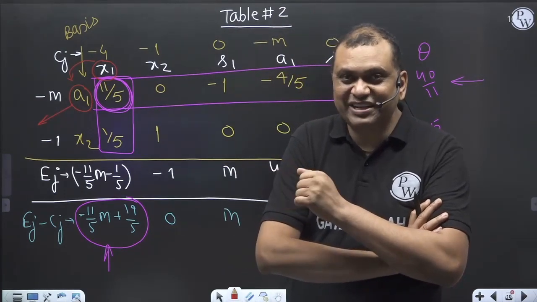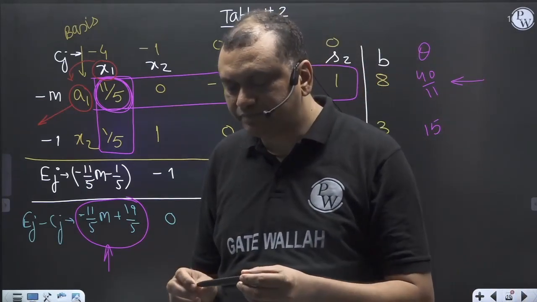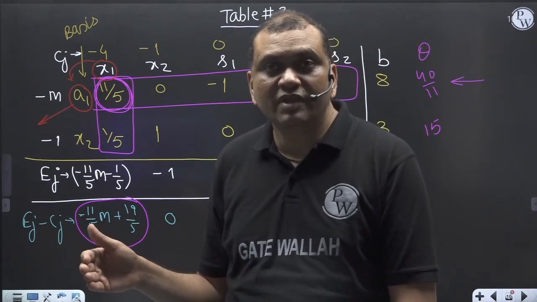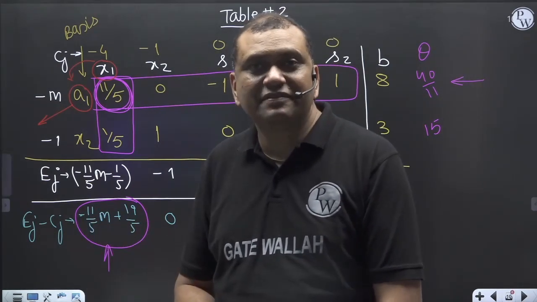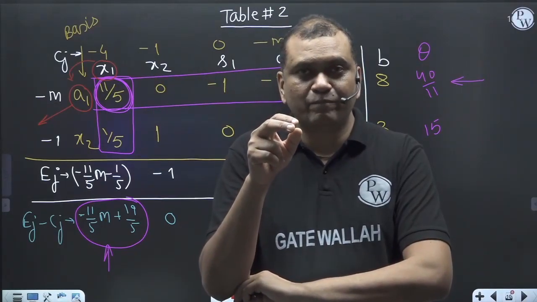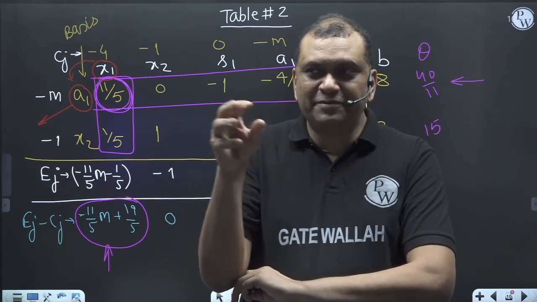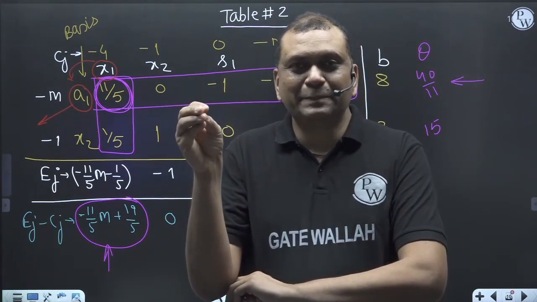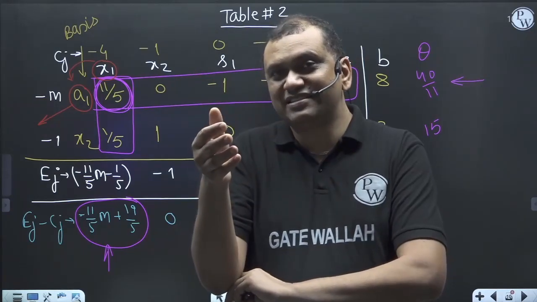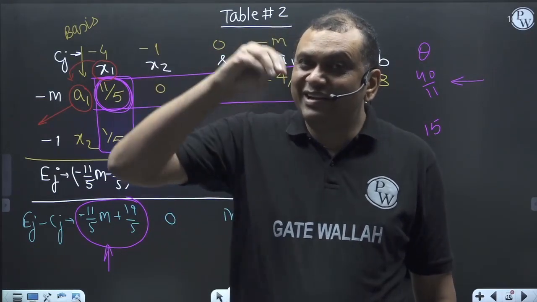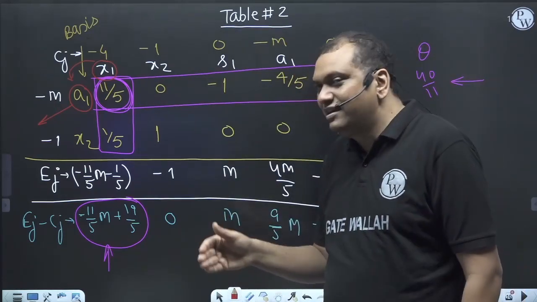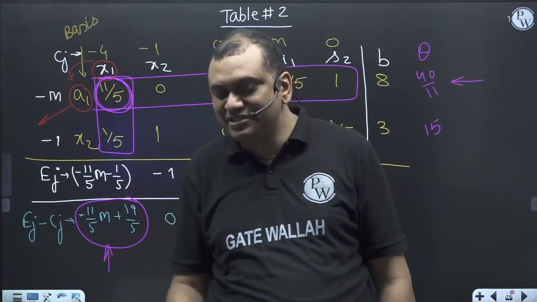I hope everybody is hearing patiently. While doing the simplex iterations, sometimes it happens that one variable leaves the basis, and after a few iterations, the same variable again enters the basis.